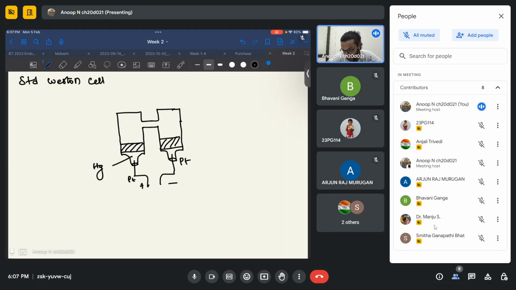Here we have Hg liquid. Then on the other side we have cadmium amalgam. Then above we have CdSO4 8H2O solid, then saturated CdSO4 solution.